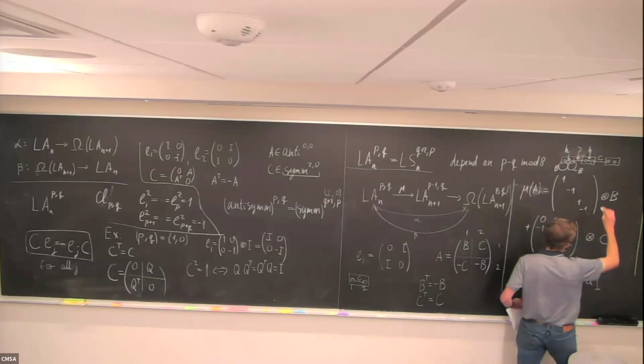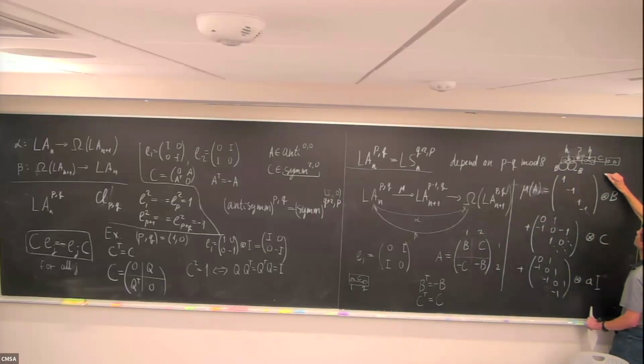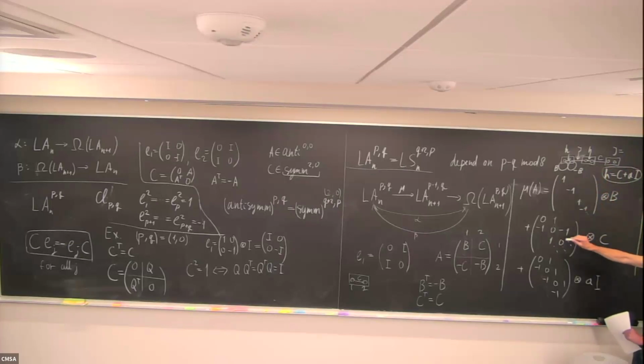So H equals C plus I tensor identity. And J, it's this term minus C plus I identity.